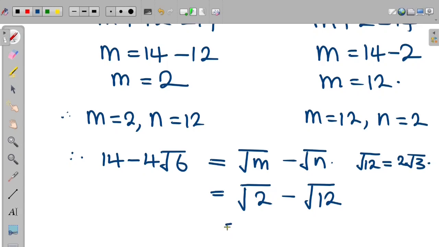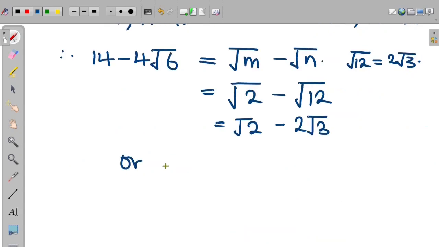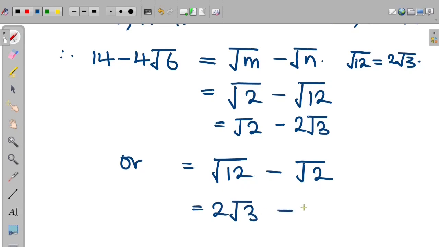So therefore, this becomes root 2 minus 2 root 3. Or we have it that this is giving us root of 12 minus root of 2. And recall that root 12 is simplified to be 2 root 3. So this becomes 2 root 3 minus root 2.